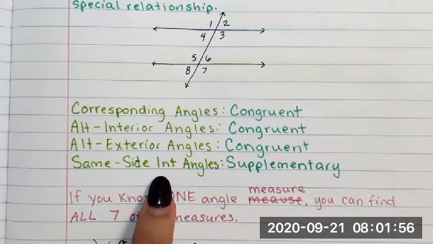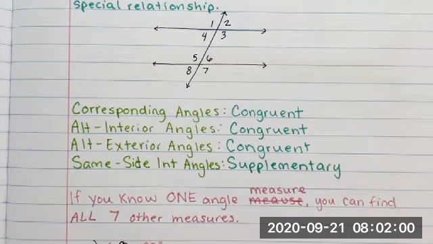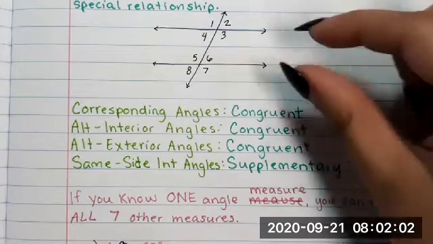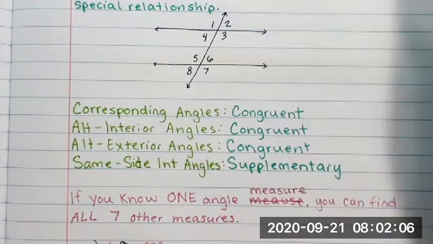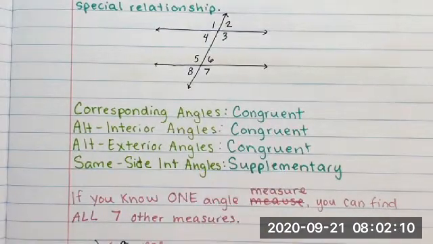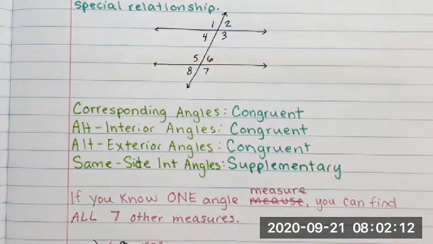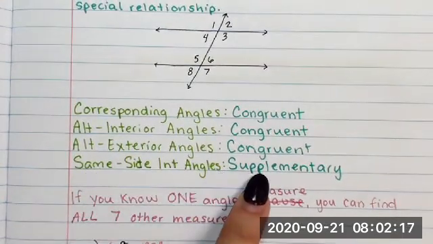And the theorem in conditional statement form would be if two parallel lines are cut by a transversal, then the corresponding angles are congruent. If two parallel lines are cut by a transversal, then the same side interior angles are supplementary.